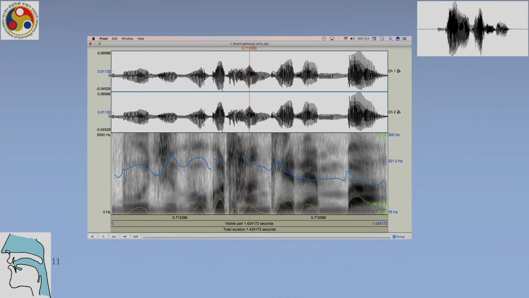This information can be superimposed on the spectrogram, as in various software you can see them represented as different lines with different colors. As you can see here, the first part of this diagram is that of a waveform, and this is a spectrogram where the pitch is shown with a blue line, the intensity with a yellow line.